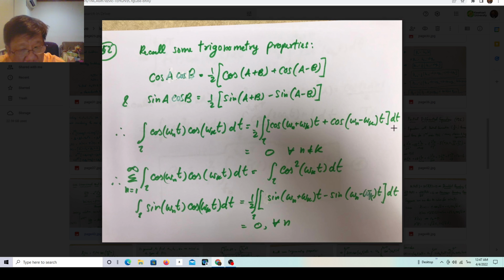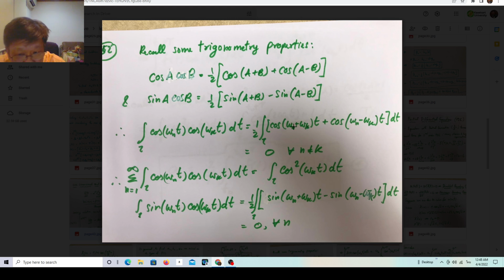dt, and you can see that here, when n is equal to k. Let's just say first when n is not equal to k. If n is not equal to k, it becomes a sinusoidal function of cos, and you already know that the integral of a sinusoidal function is equal to 0.